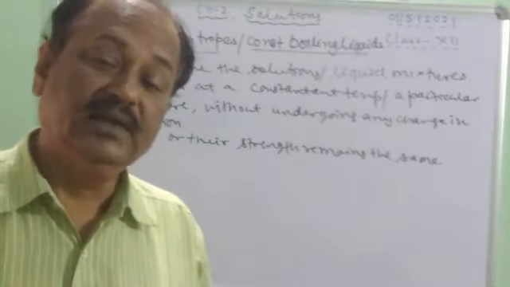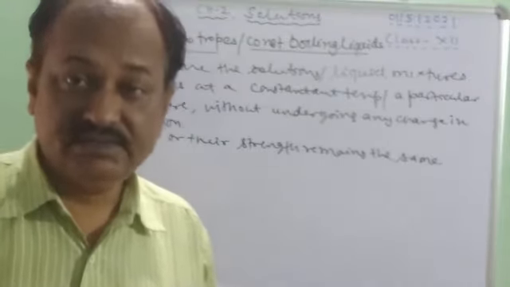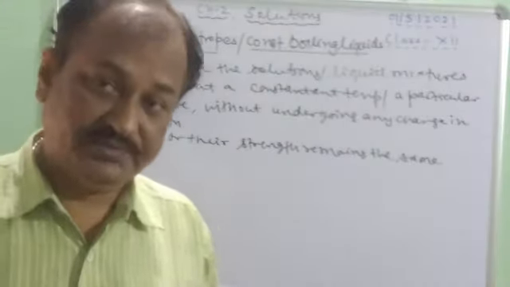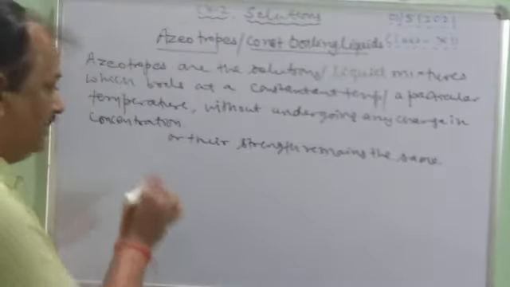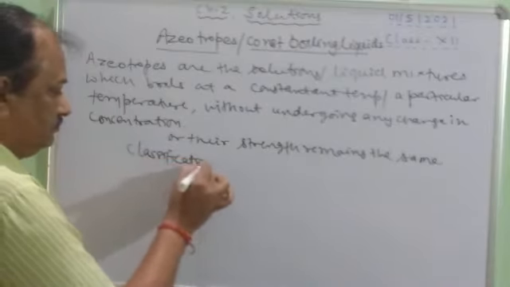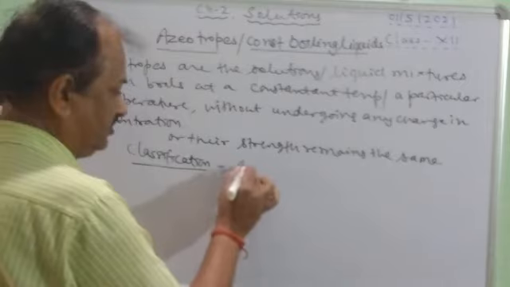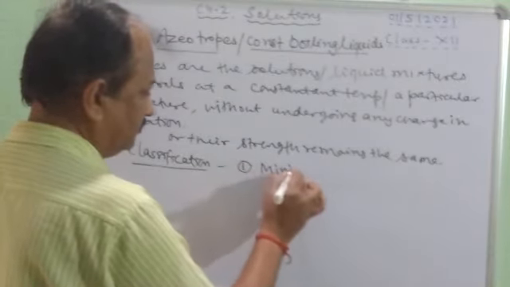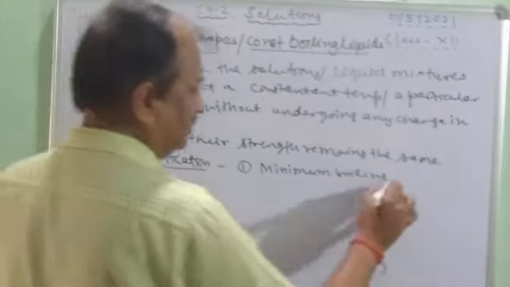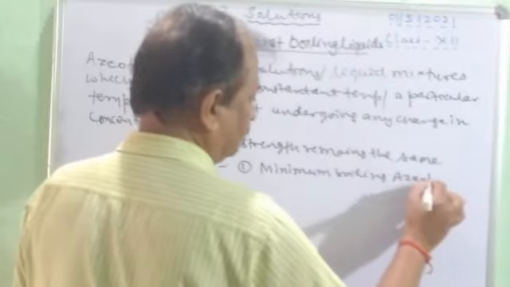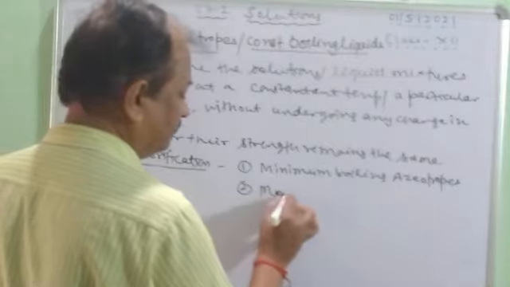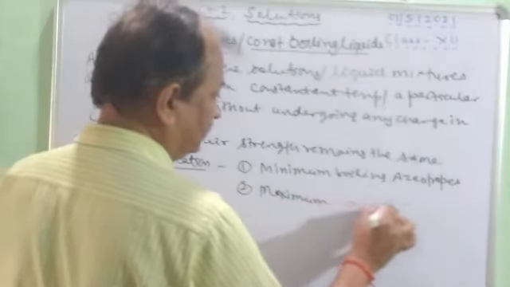Now I am going to explain the classification of the azeotropes. Azeotropes are of two types. First is minimum boiling azeotropes, and second, maximum boiling azeotropes.